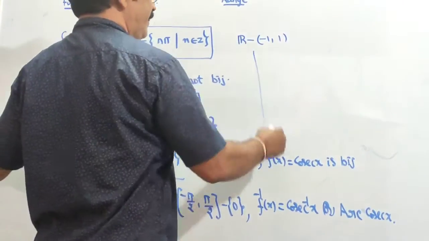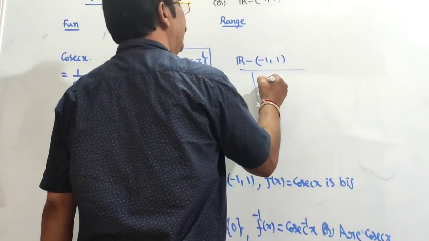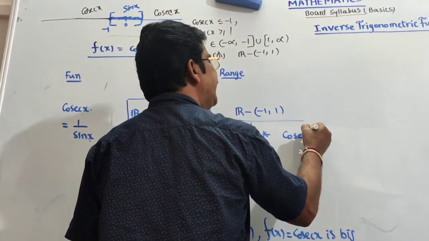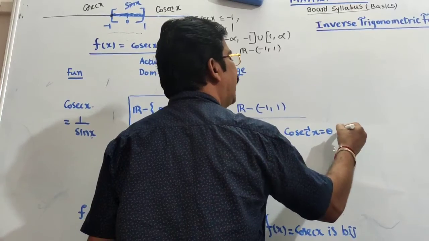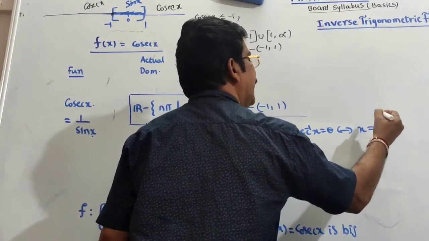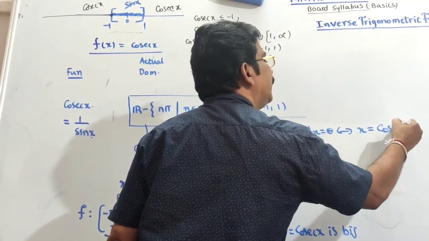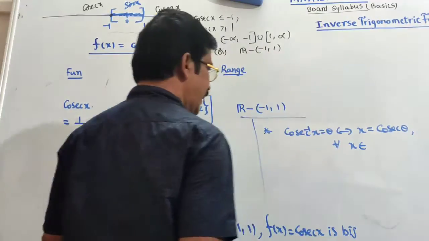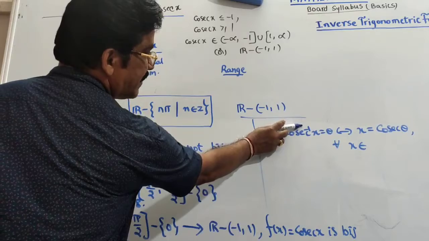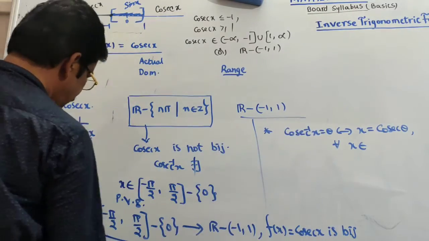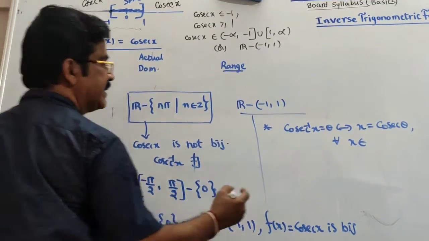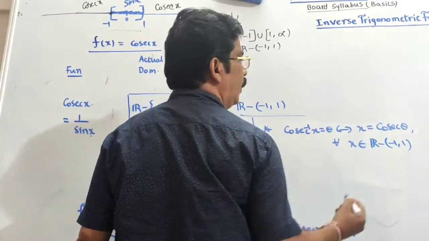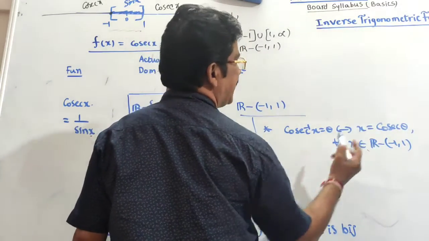Similarly, we have some beautiful formulae regarding this. Cosecant inverse of x equal to theta implies x equal to cosecant theta, for all x belonging to the domain of the inverse function, which is capital R, any real number except this area. In this area only it is possible.